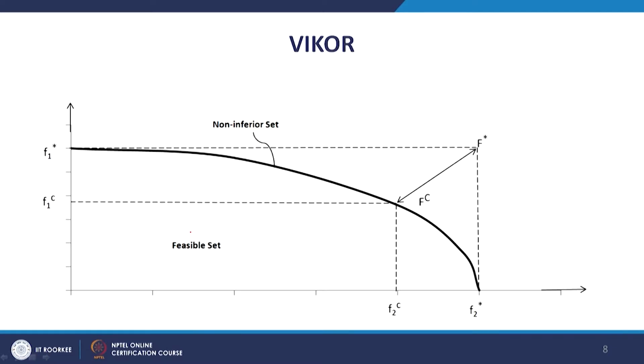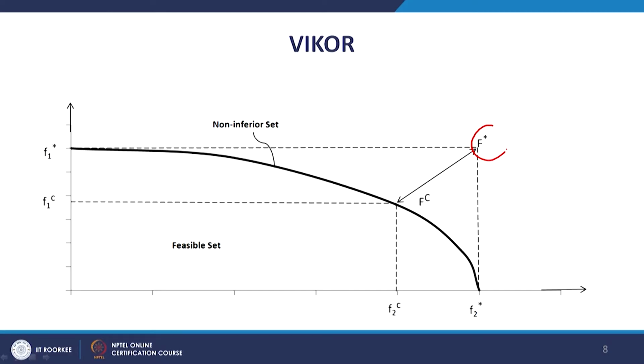Just like in TOPSIS, there also we talked about a particular number of alternatives, and we talked about ideal and anti-ideal points, and we were looking for the shortest distance from the ideal point and the farthest distance from the anti-ideal point for a particular alternative to be the best alternative. So, here also a similar kind of graphic we can see.